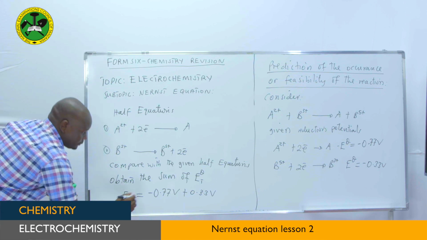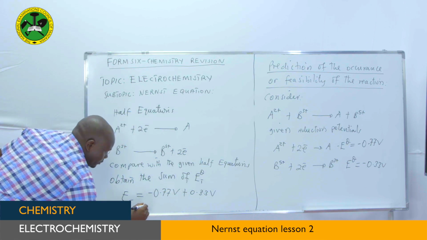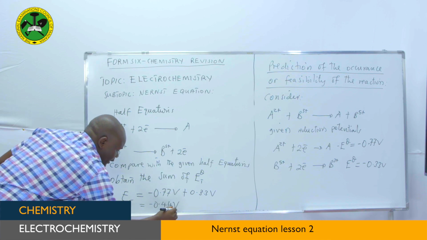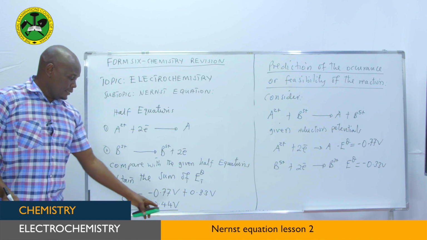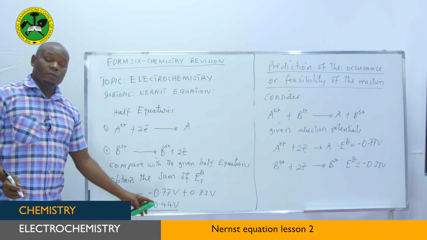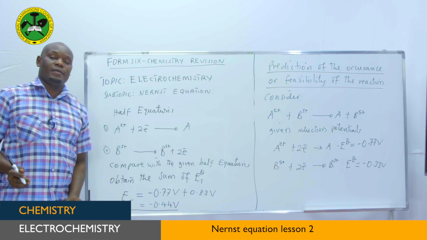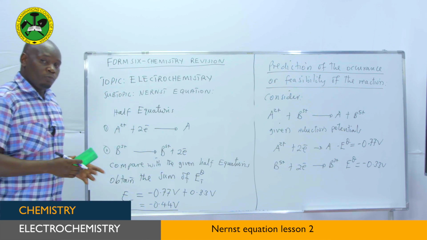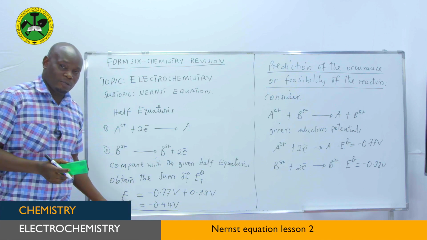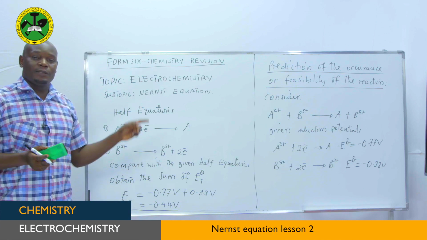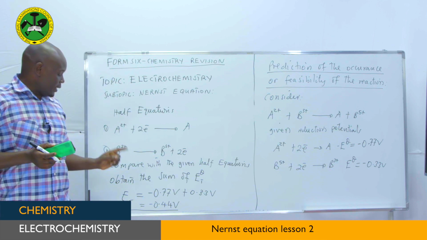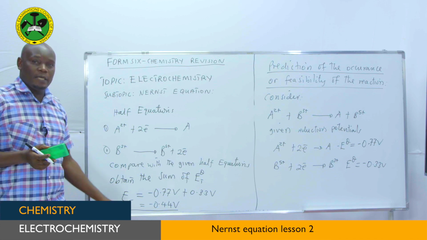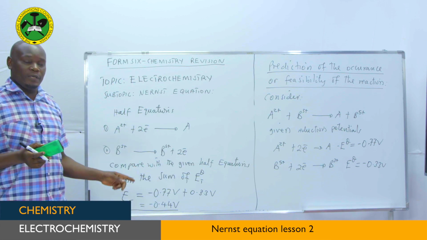The sum you will get is negative 0.44 volts. After getting the sum of the standard electrode potentials, you can judge if the reaction will take place or will not take place. If the obtained sum is negative, that means the reaction is not feasible. But if the sum obtained is positive, then that reaction will be feasible.